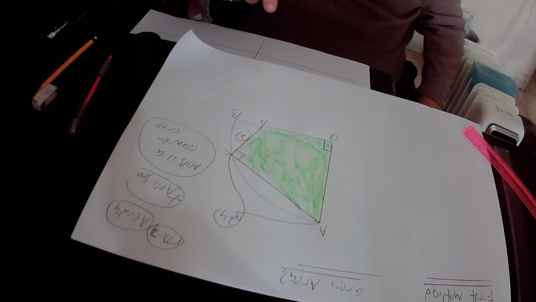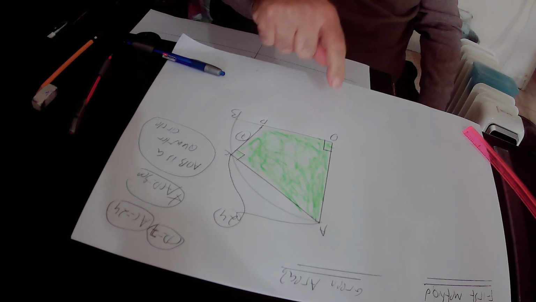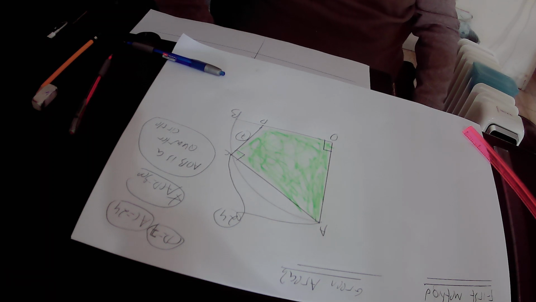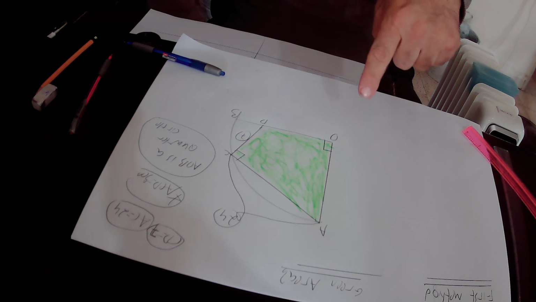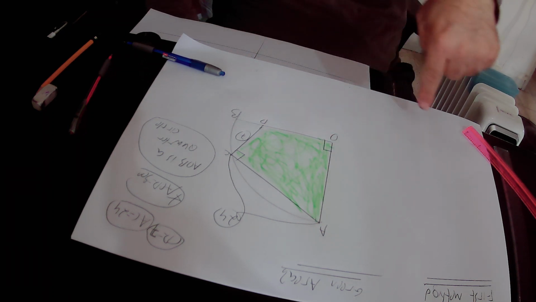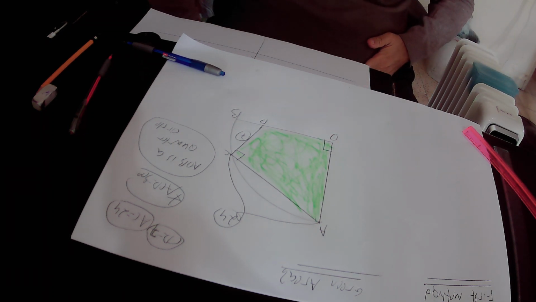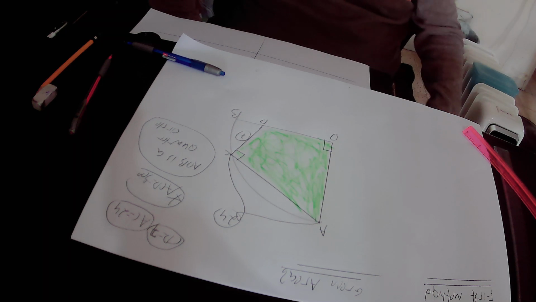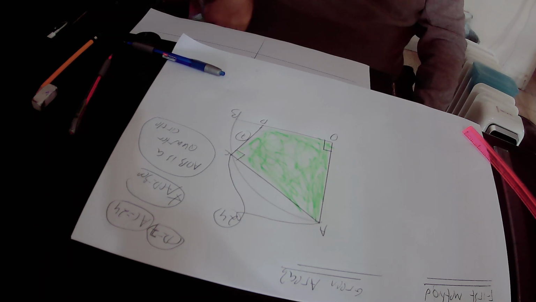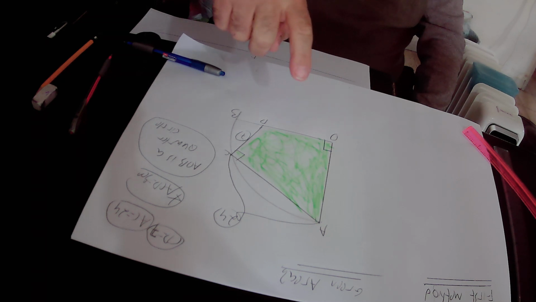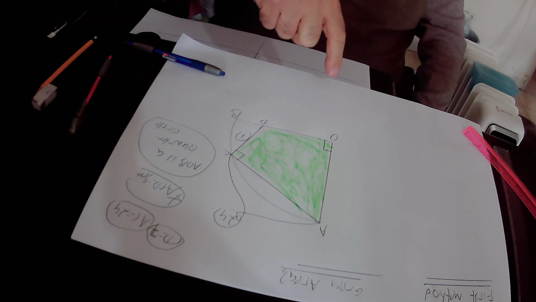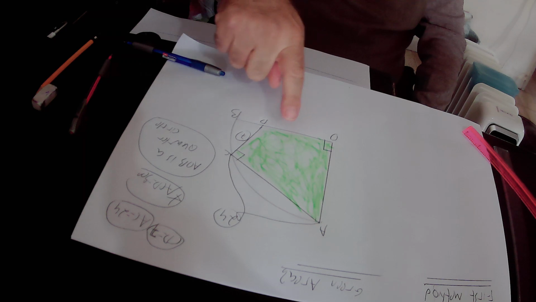And point O is the center of the circle that we can create by completing this quarter circle to a circle. From point O we draw a perpendicular on AC.